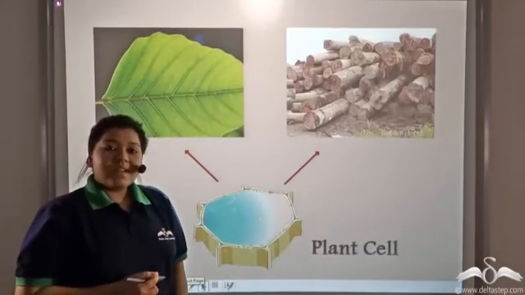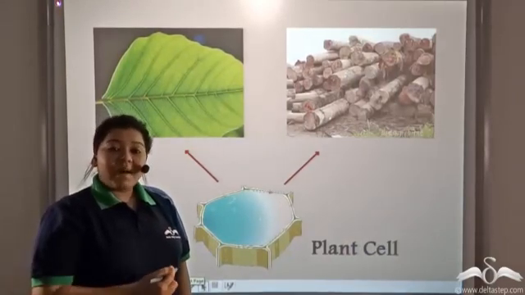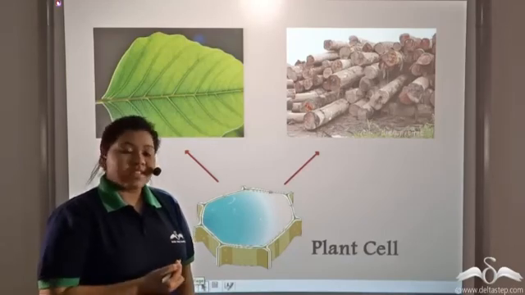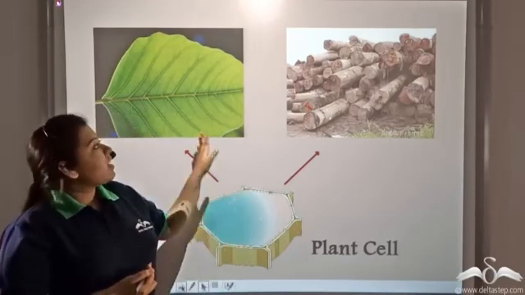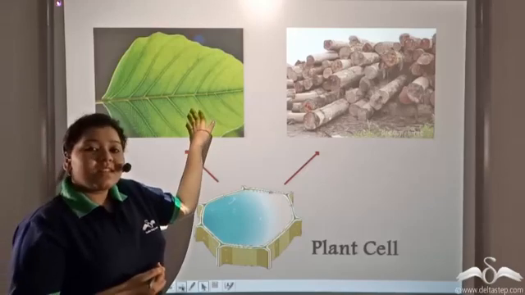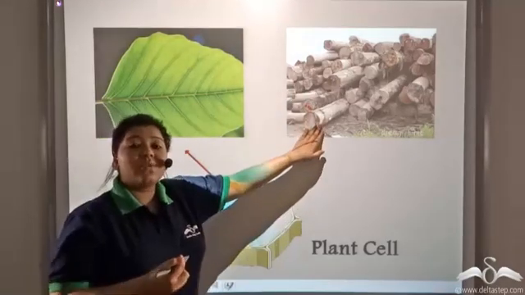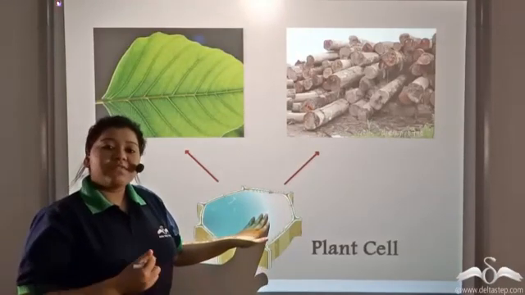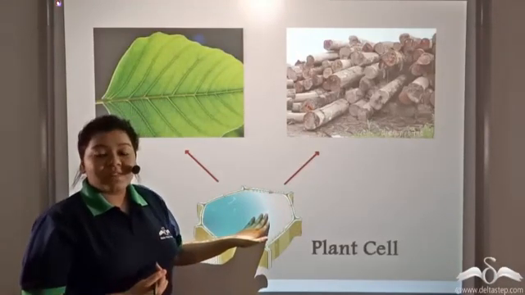Now, I told you that all plant cells are bound by a cell wall which is tough and rigid. Now, why is it that the leaves are so flexible then, or the stems are so rigid? Both of them are made up of plant cells, which have a tough and a rigid cell wall.